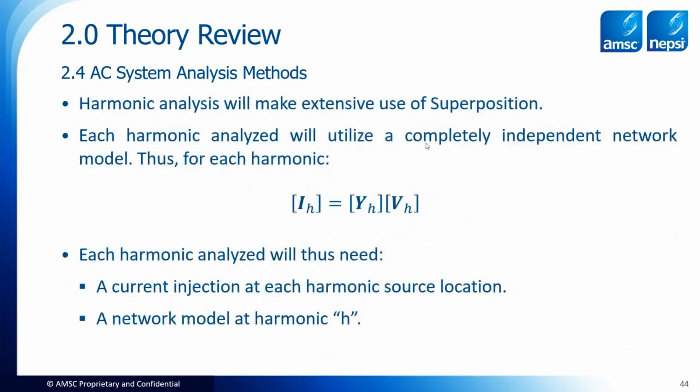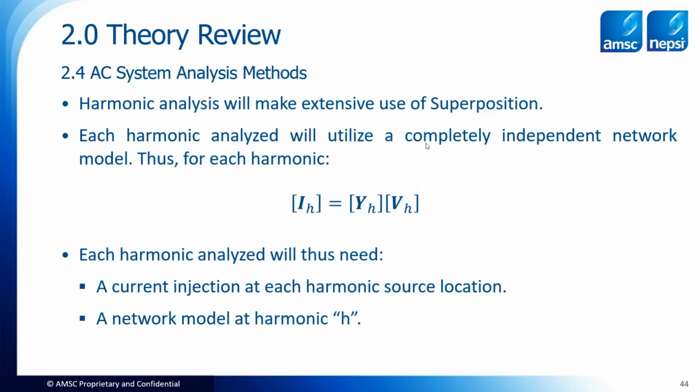Harmonic analysis is going to make extensive use, and I probably said this earlier, but it's worth repeating, of superposition. And the way we're going to perform AC and network analysis using harmonics is that each harmonic analyzed will need its own completely independent network model.